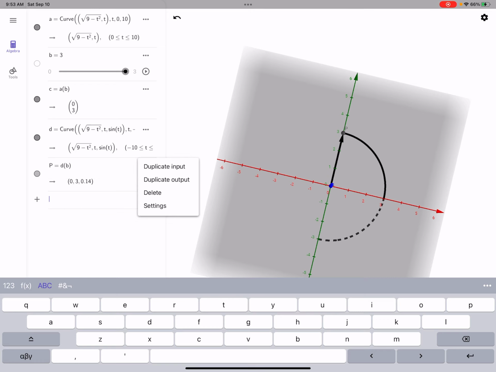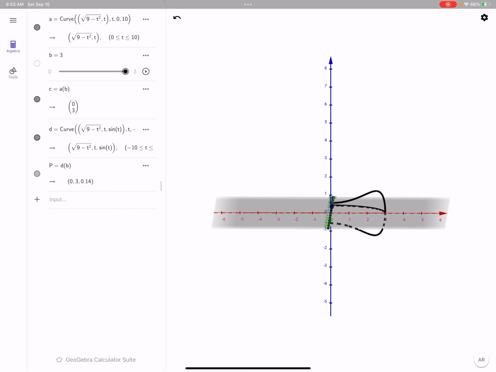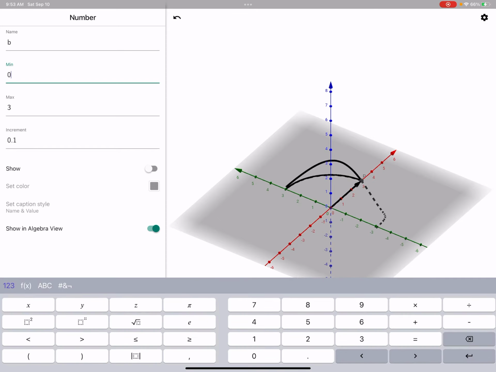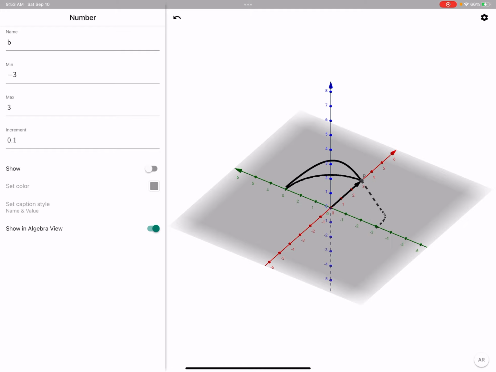So if you look at the projection of the curve, when we start at 0, actually, let's make this go to negative, so we can actually see what's happening. We'll start at -3. Cool.